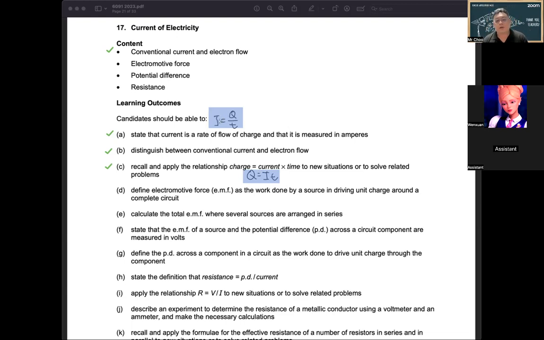Okay, so let me ask you, which one do you prefer to remember first? The first formula or the second formula? I don't expect you to remember both. So which one do you prefer? The first formula or the second formula?